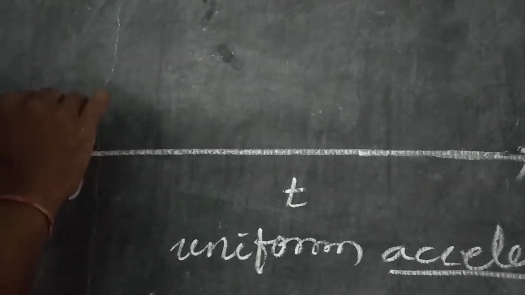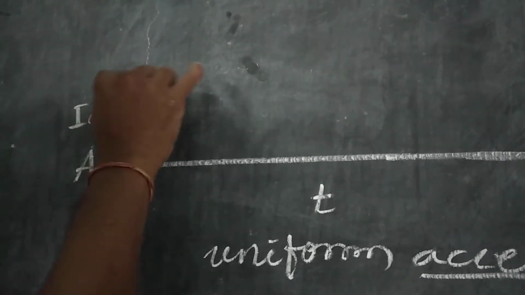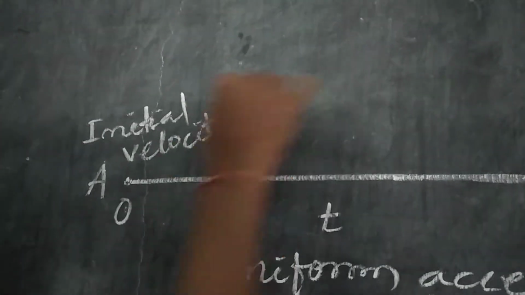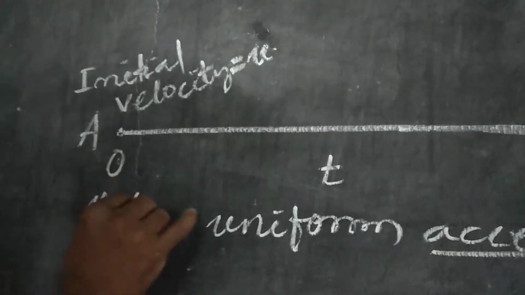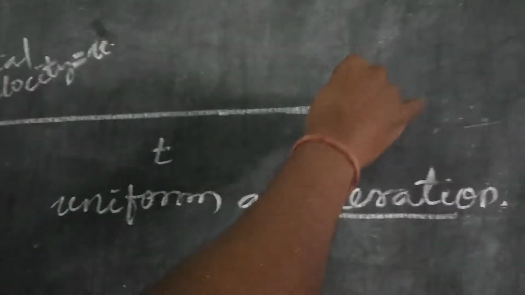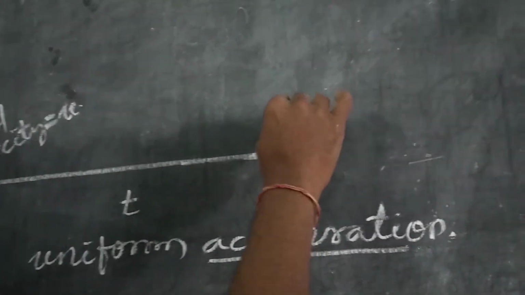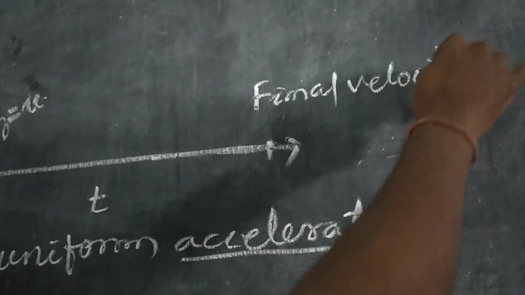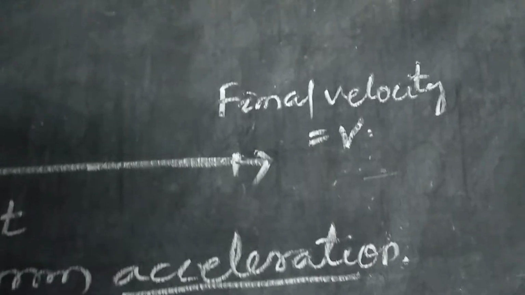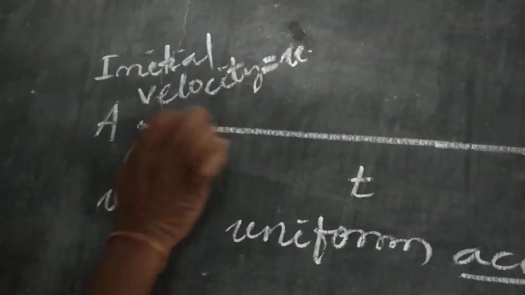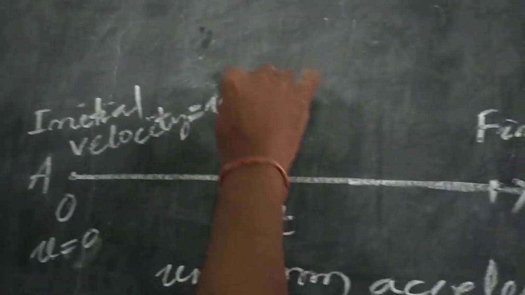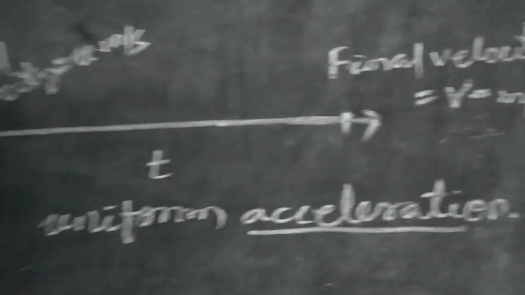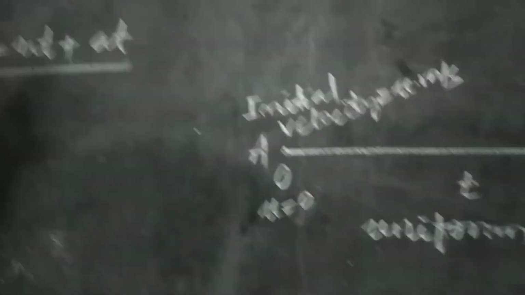In this case the initial velocity is u, which is equal to 0, and after time t the final velocity is v. This is u in meters per second, and this is also meters per second. So this graph we have to derive for this equation.